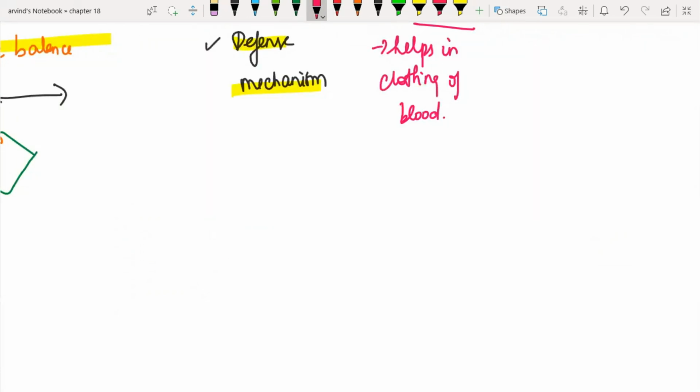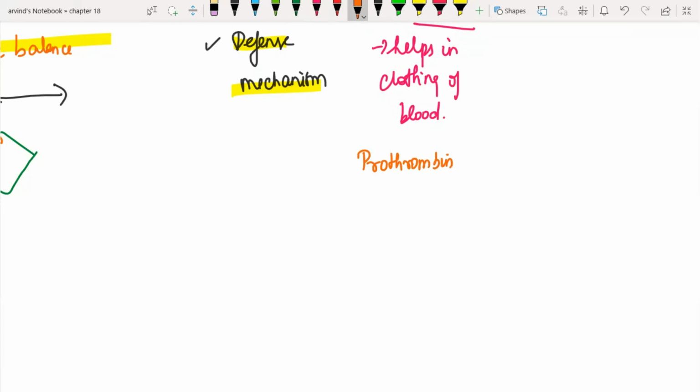That is very important. So what will happen is, whenever there is an injury and there is bleeding, there is a protein called prothrombin. Pro, I have told you, any substance that ends with GEN is a zymogen or inactive form, right?